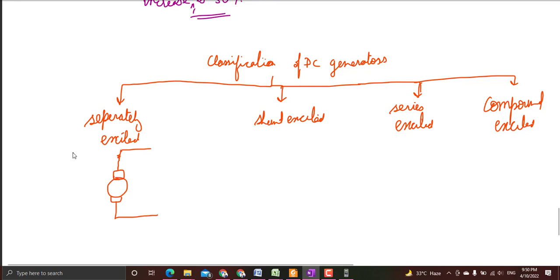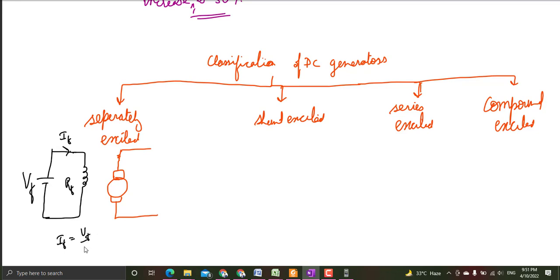If the field winding is excited by another separate source, then it is called separately excited. So that is VF. This field winding is connected to some separate DC source, which is circulating current IF, and this coil may have resistance RF. So IF can be written as VF upon RF.